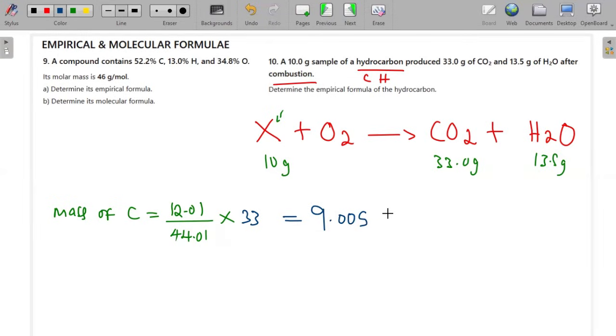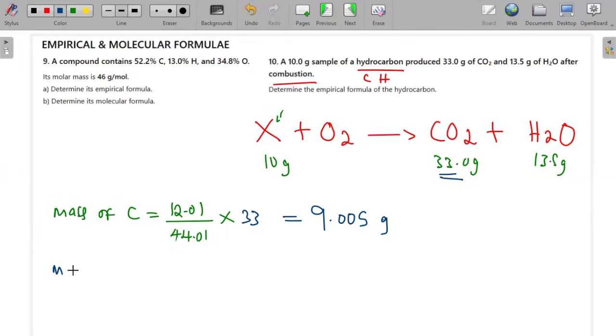Okay, 9.005. I'll end there. So this is grams. So this is how much of the carbon is contained in this 33 grams of the carbon dioxide.